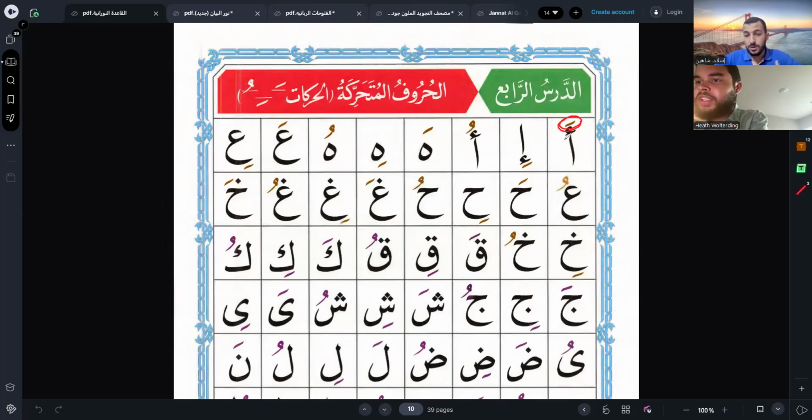For the dhamma, what's important is that we need to feel that the lips are circled. Saying oo, it should be circled like this. This is really important. Actually, most reciters say oo without making the lips circled, and this is called a deficiency in the letter.